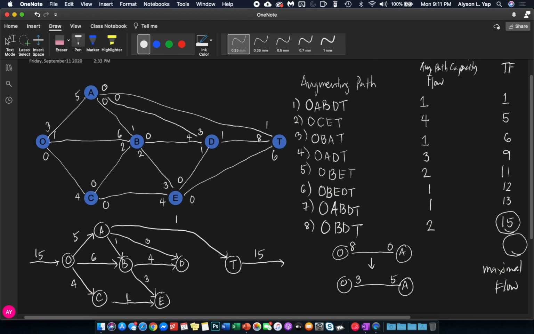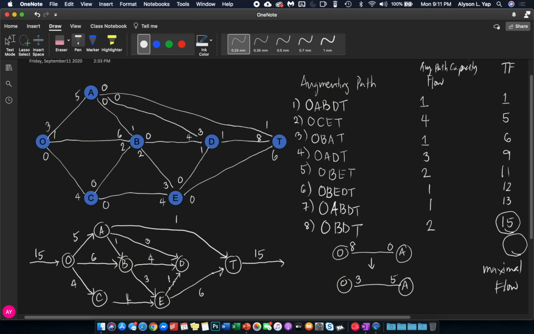Now, looking at E, how many units went to E? In total, there are 7. And how did the 7 exit E? 1 unit went to D, and 6 units went to T because of these. And finally, how many units entered D?